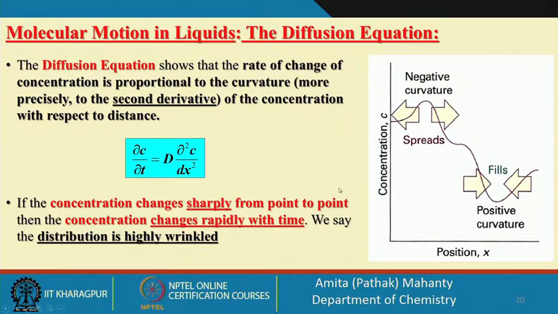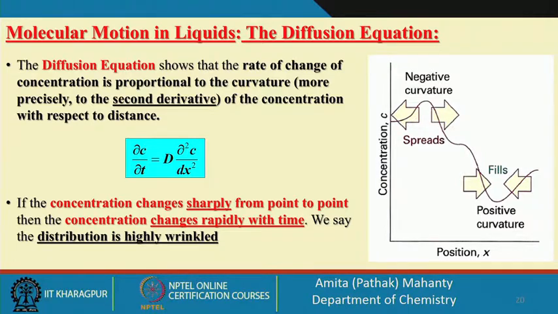We had taken this graph where we had the x axis as the position for the particles at various concentrations, and this is the concentration axis. So, what we were seeing is, if the concentration changes very sharply from one point to the other in the medium, then we say the concentration of the particles changes rapidly with time.